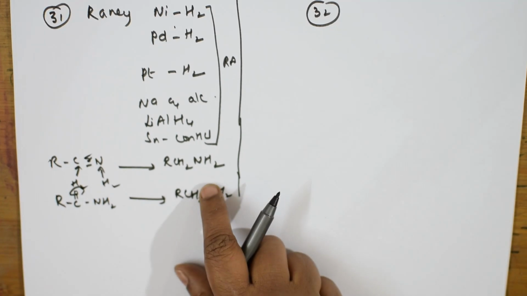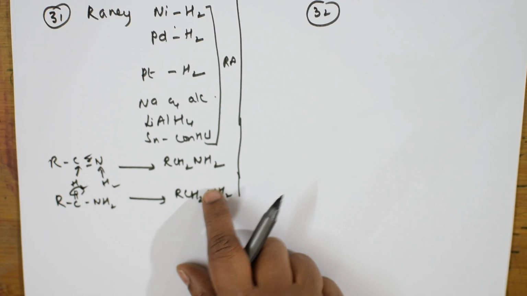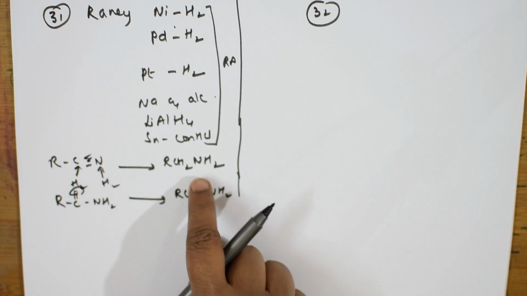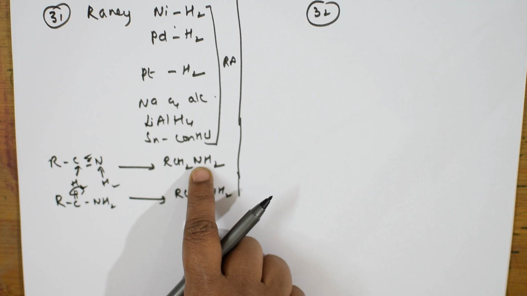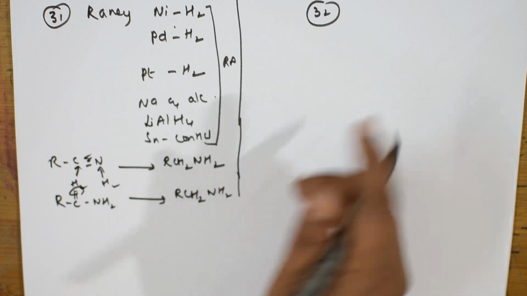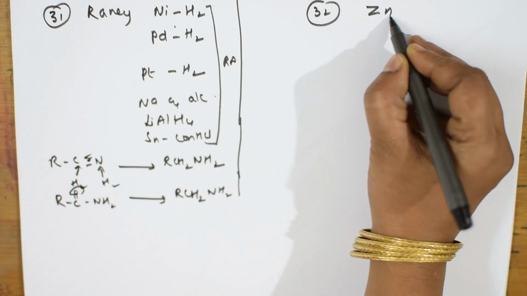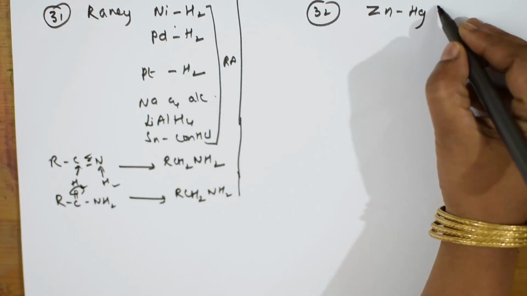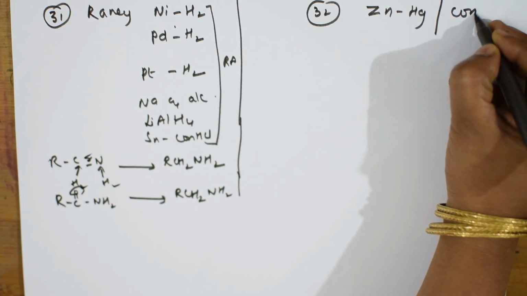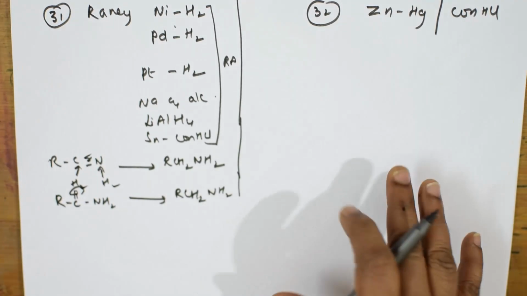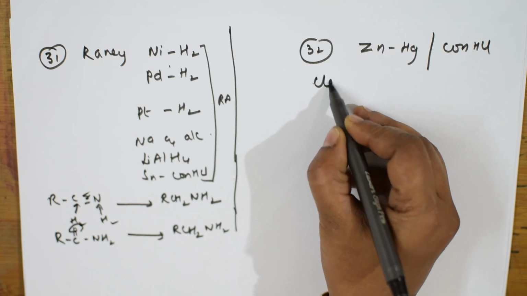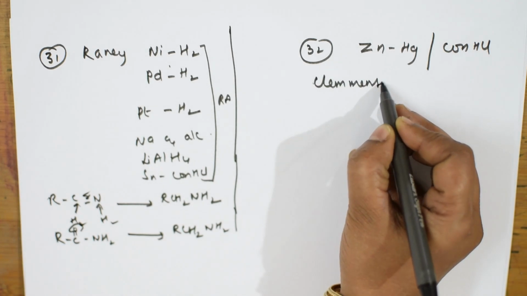It's going to get converted to amines. Amides to amines, alkyl nitriles to amines, reducing agents. Done? Suppose in the exam paper, you see zinc amalgam, here you have seen tin and concentrated HCl. If you see zinc amalgam in the presence of concentrated HCl, first important thing, which type of reaction is this? This is called Clemmensen reduction.